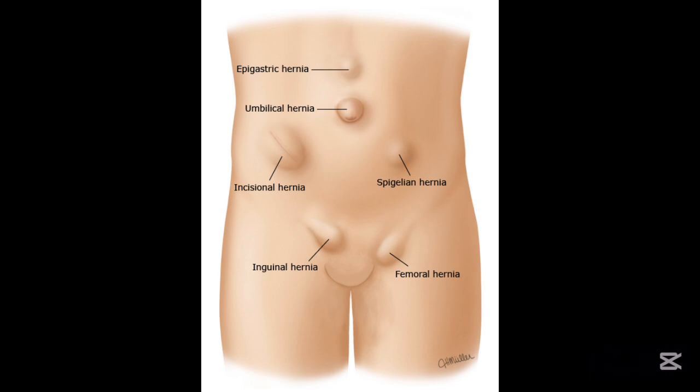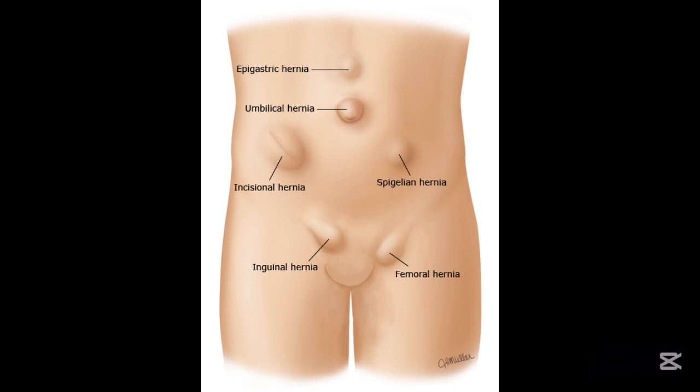And then we have the femoral hernias, which occur below the inguinal ligament, and they're more common in women and carry a higher risk of strangulation. We also have umbilical hernia, which occurs around the belly button, and it's common in infants, obese adults, and pregnant women.